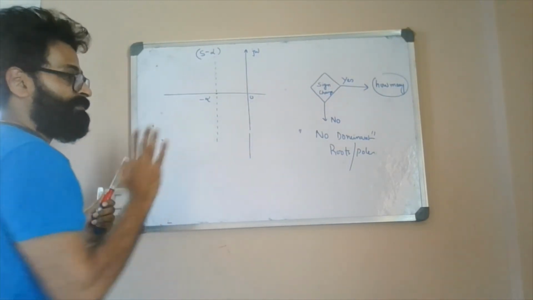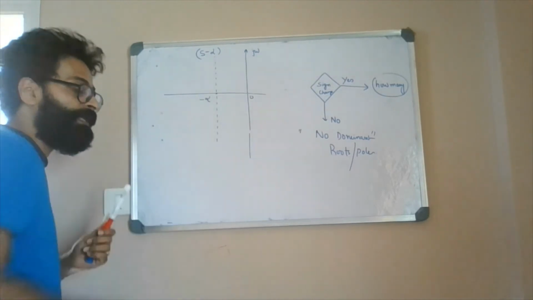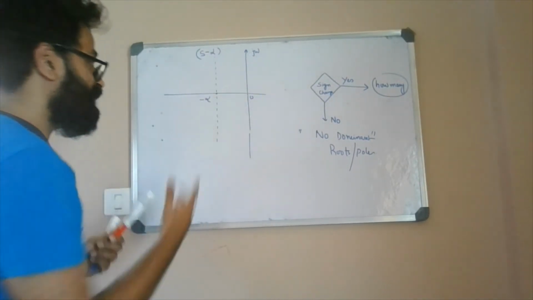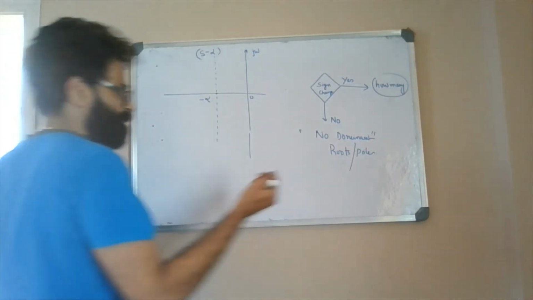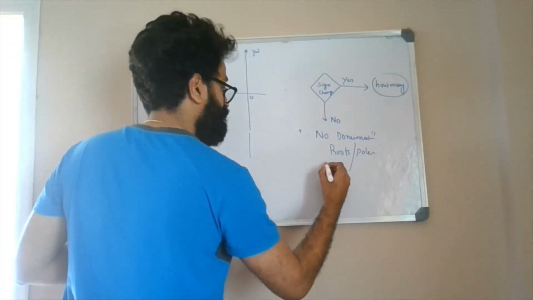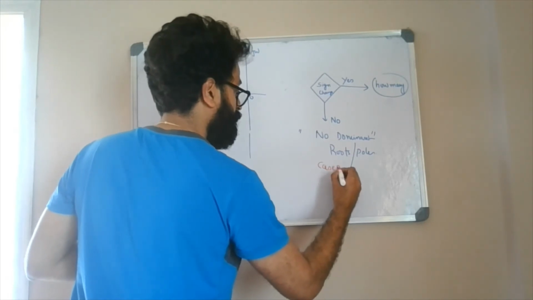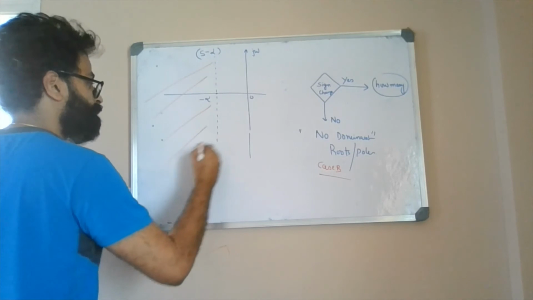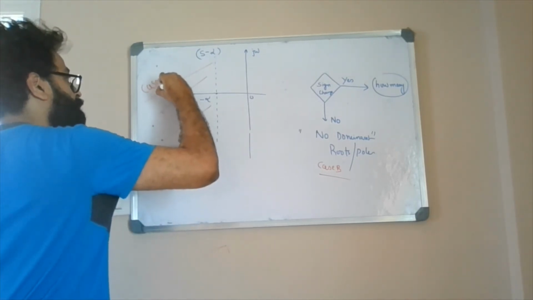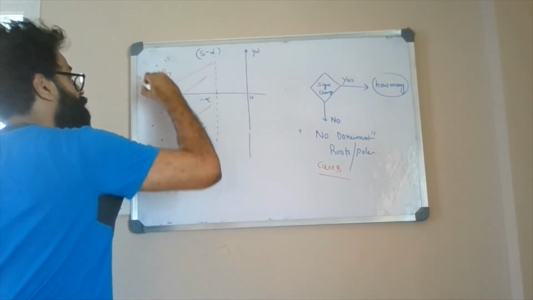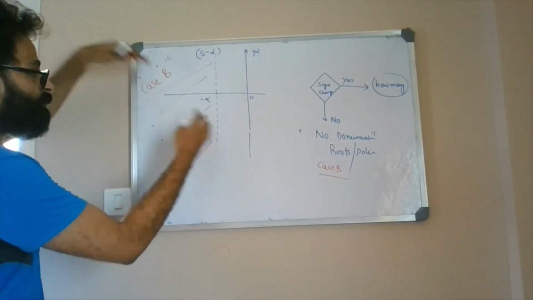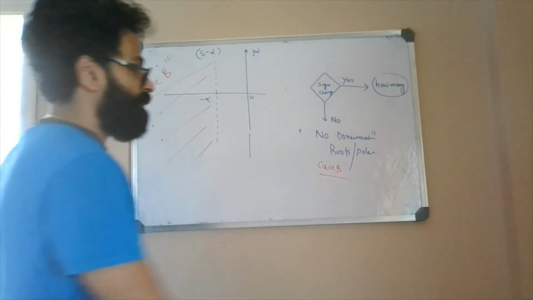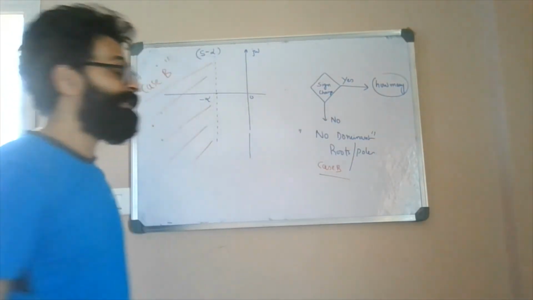So this is my s minus alpha axis, and this is my original j omega axis, which starts from 0. All your roots will be lying on the left half of s minus alpha. That is possible only when you don't get any sign changes.